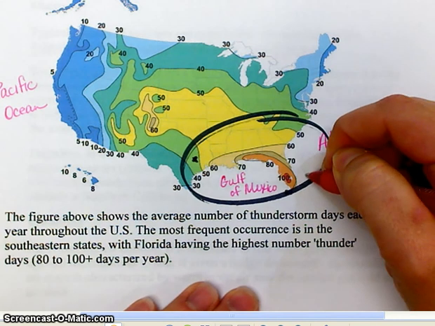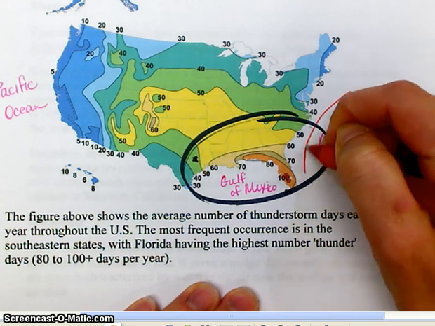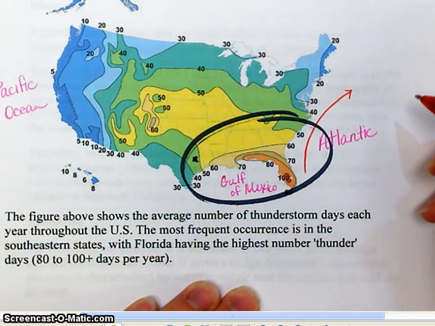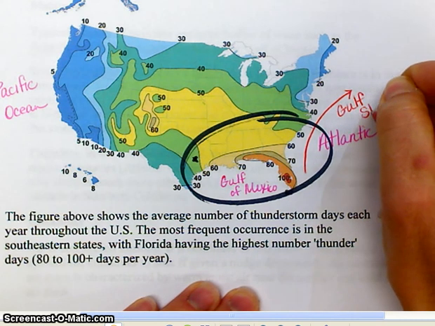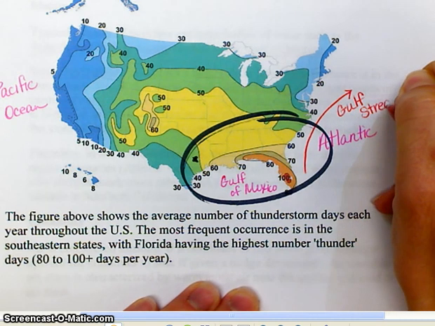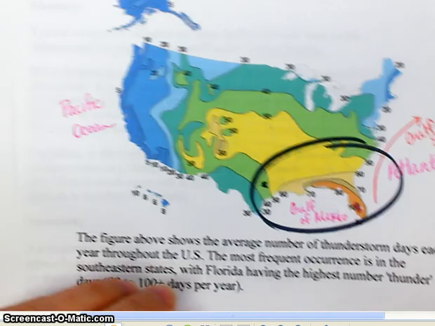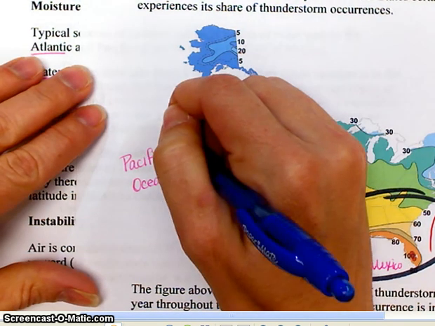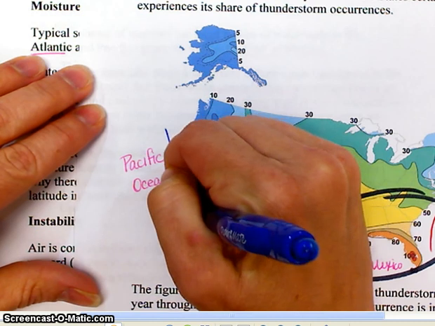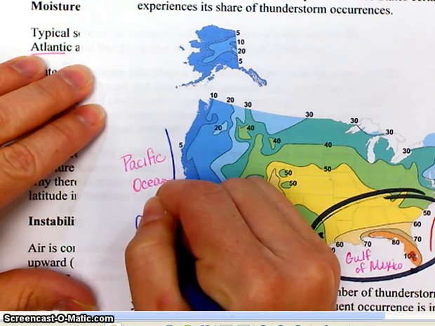Along the Atlantic, this warm current is the Gulf Stream. Do you remember that? It is a warm water current. On the opposite side, along the Pacific, we have a cold water current called the California Current.